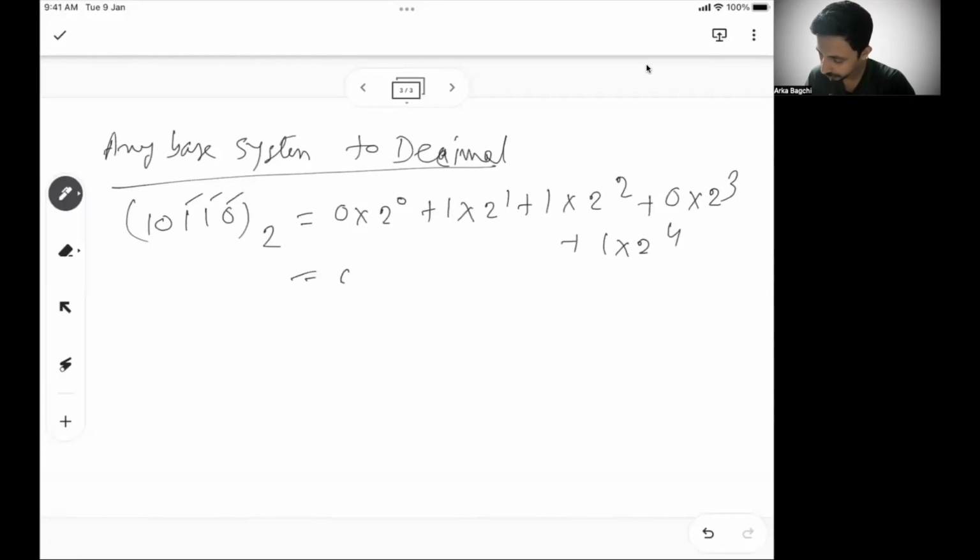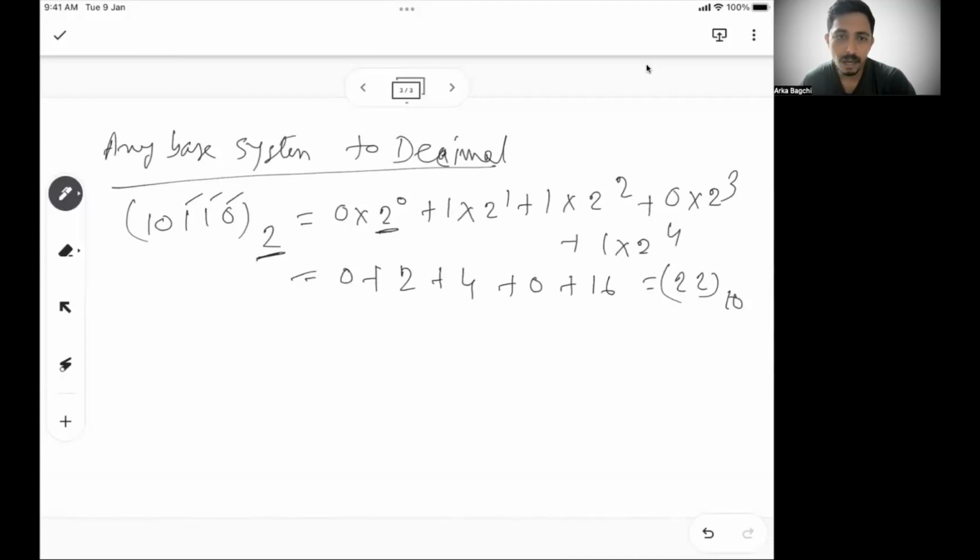So the first one will be 0, the second one will be 2, the next one will be 4, 0 plus 16. So answer is 22 in base 10. So now you understand how to convert any base system to decimal, right? This 2 is coming from the base 2. Start from the rightmost and keep adding. So this is how to convert any base system to decimal.